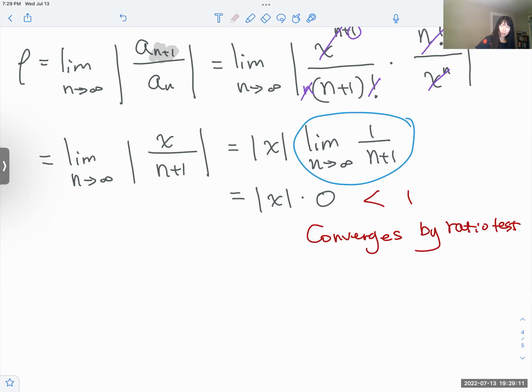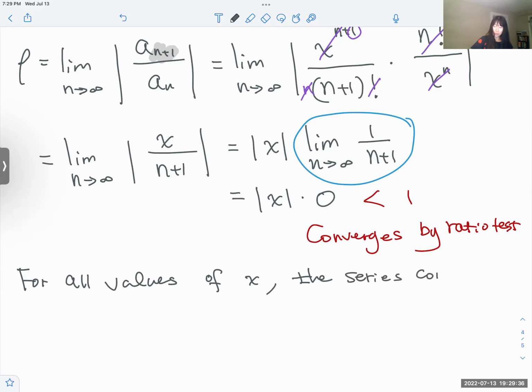So let me write down. For all values of x, the series converges for all real numbers.